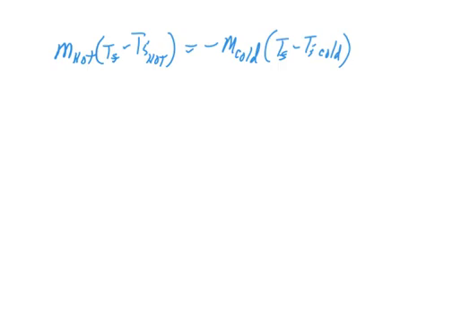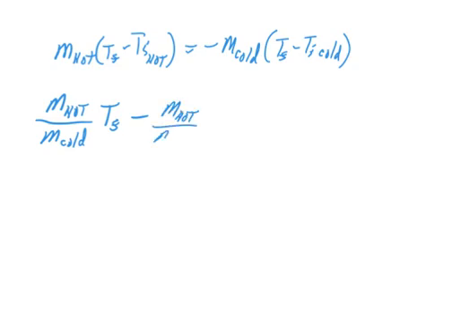So I'm going to have M of the hot over M of the cold times T final minus M of the hot over M of the cold times T initial hot. And I still have the negative on this side, and distribute that through, so I'm going to get negative T of the final plus T of the cold.